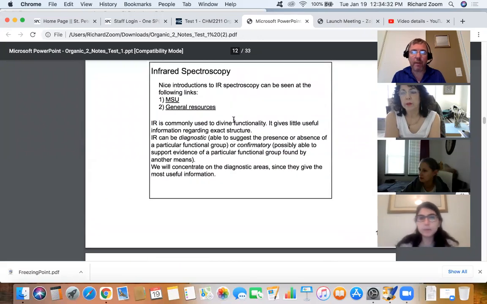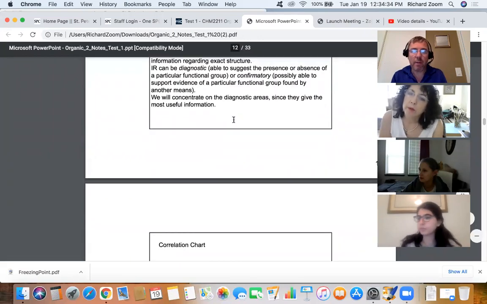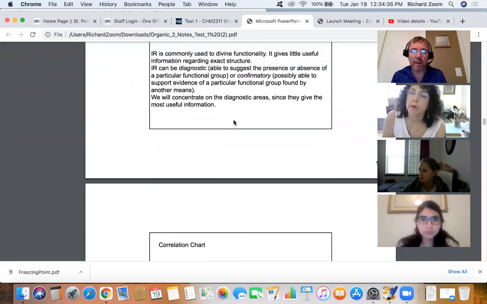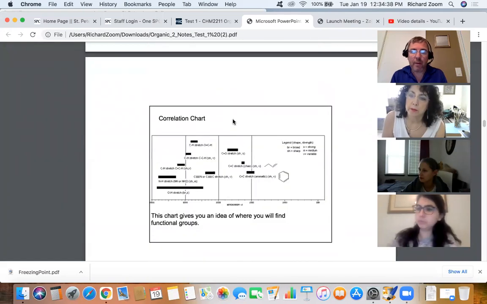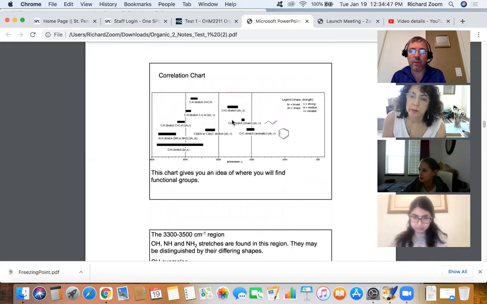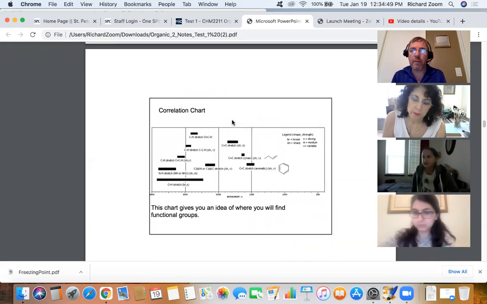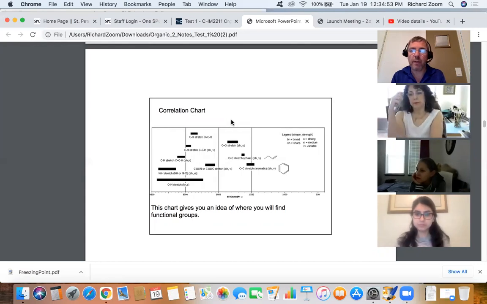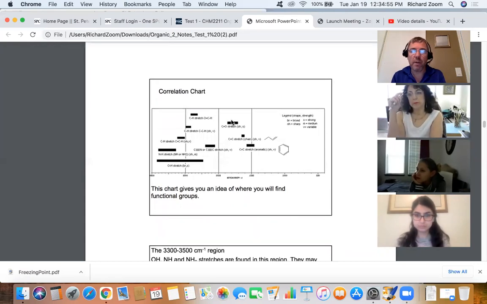Now, as far as infrared spectroscopy goes, I really want you to be on your own with that. The problem you'll get on the test does not really need infrared spectroscopy to solve it, but I'd still like you to go through this information on your own. I have some videos in the mini lectures folder that relate to this. I'd like you to go over those yourselves.